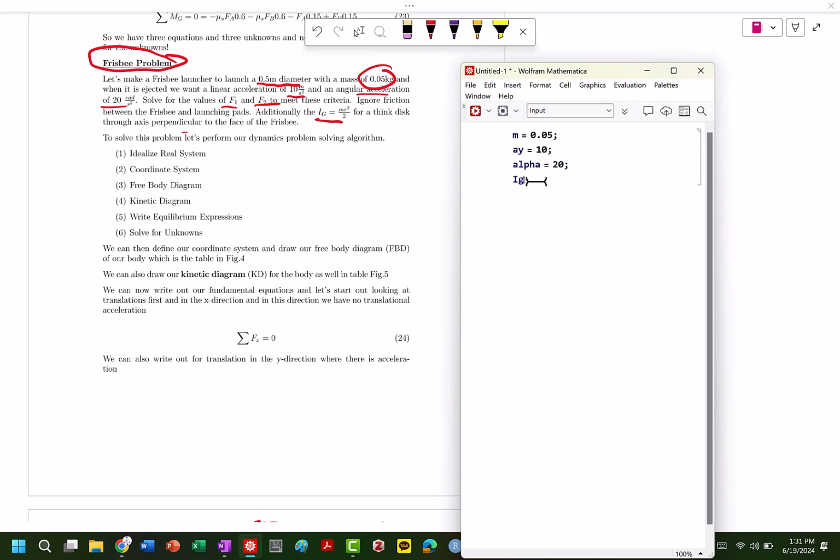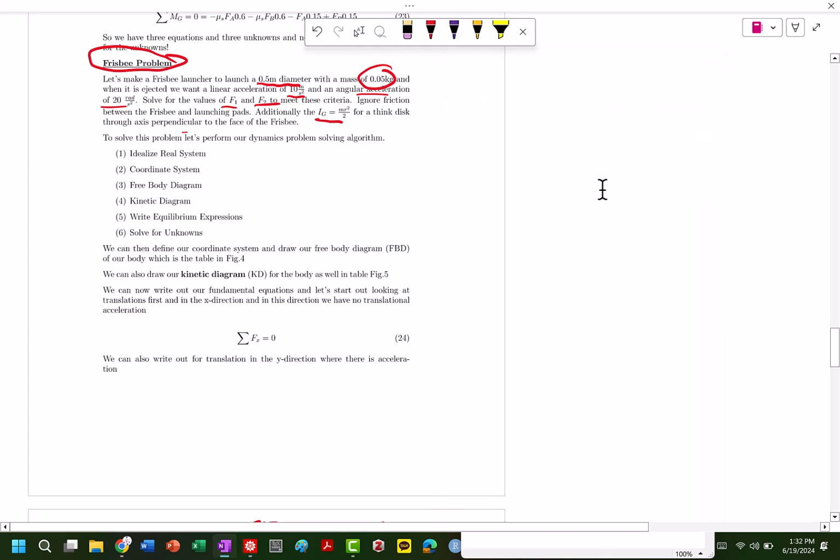Our IG equals M times our radius, 0.25 squared, and then this whole thing divided by 2. We're just typing it through to make sure we're good to go.